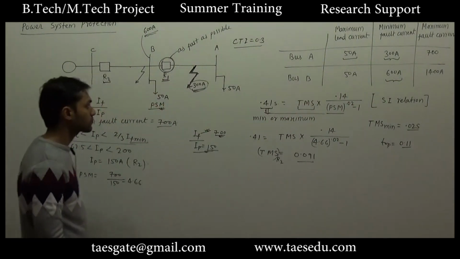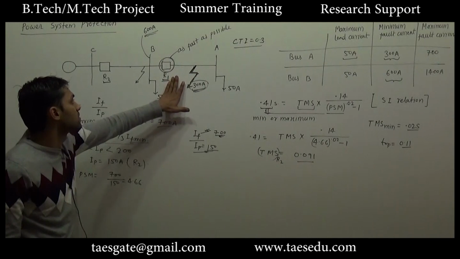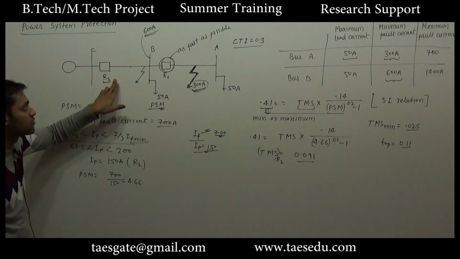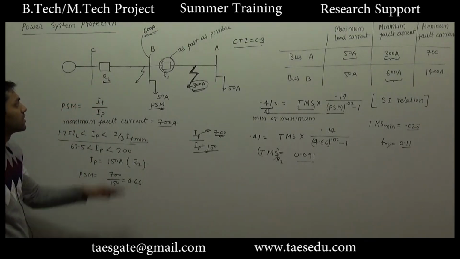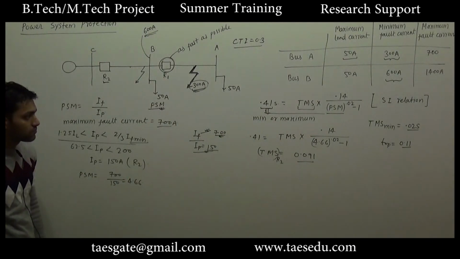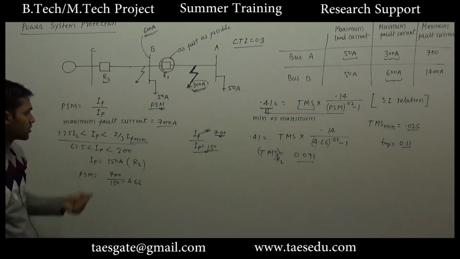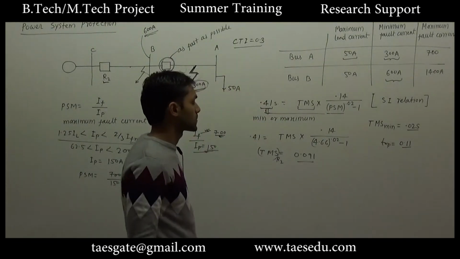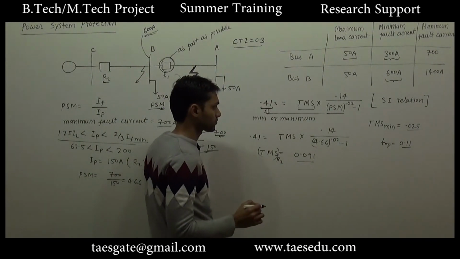After that we have to consider the case when this relay fails. So when this relay fails, this relay will operate, and for this we will have to set the minimum coordination time interval of 0.3 second. That is, this relay will wait at least 0.3 second for relay 1 to operate. Okay. So the total time of operation for relay 2 will be 0.3 plus 0.11. So we got the time of operation as 0.41 second.